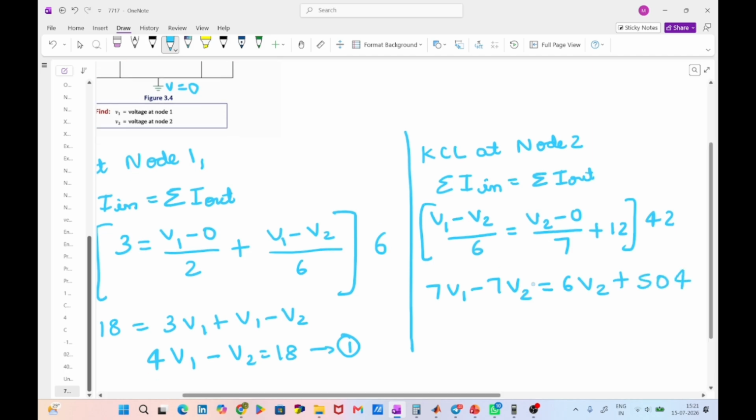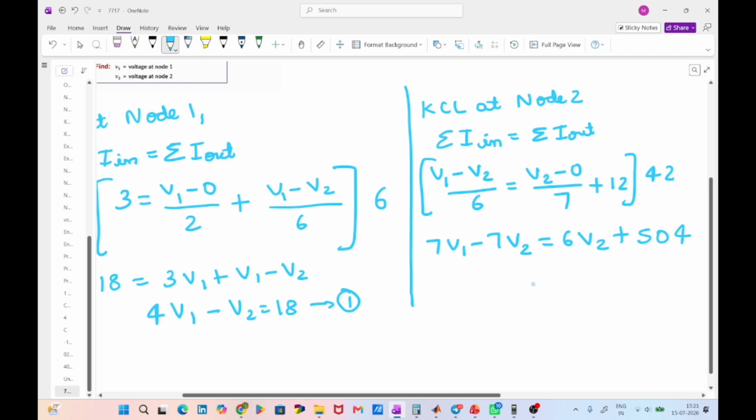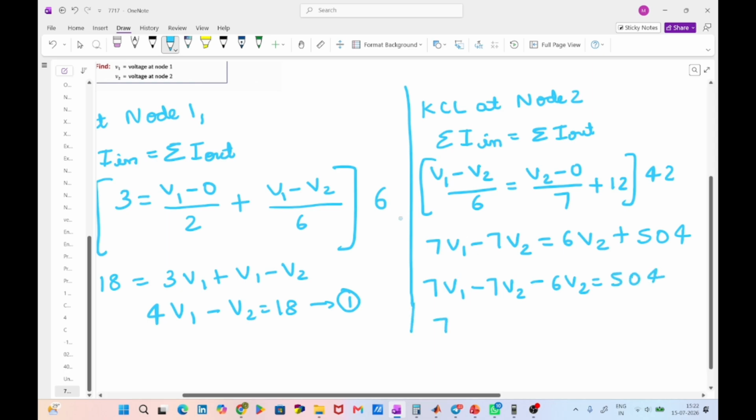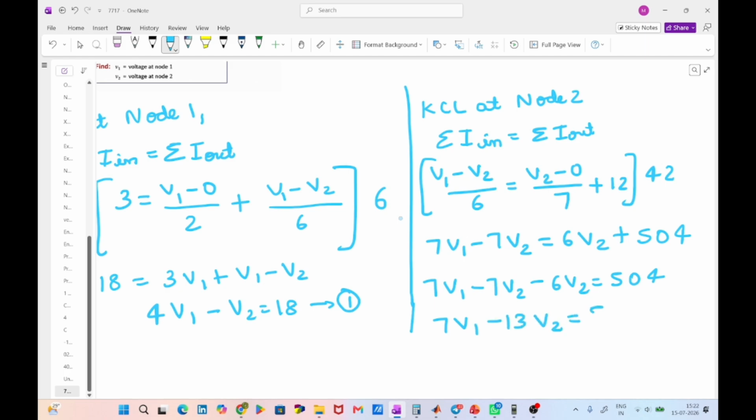Then move 6V2 here: 7V1 minus 7V2 minus 6V2 is equal to 504. So 7V1 minus 13V2 is equal to 504.